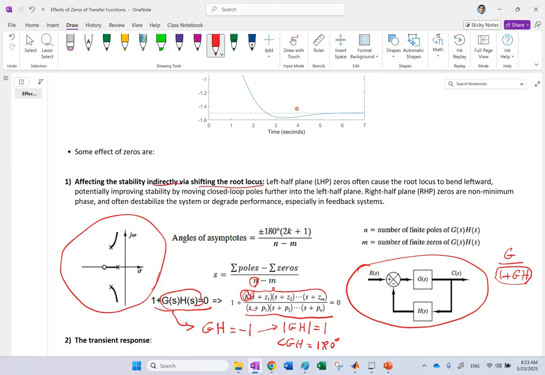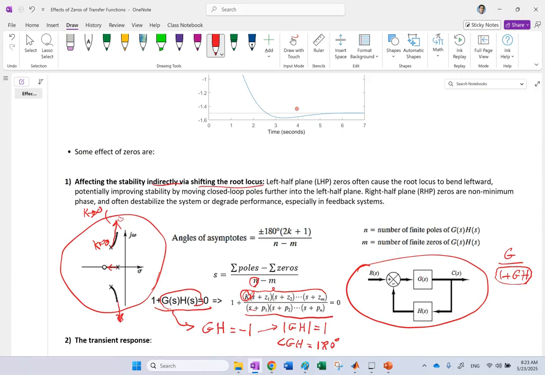Now, if you have 1 zero, then the 2 other zeros are imaginary ones at infinity. So these 2 branches go to infinity, and this branch starts at the pole and ends at the zero. And the gain at these poles is approximately 0, very small. And as you go to infinity, the gain gets bigger and bigger.